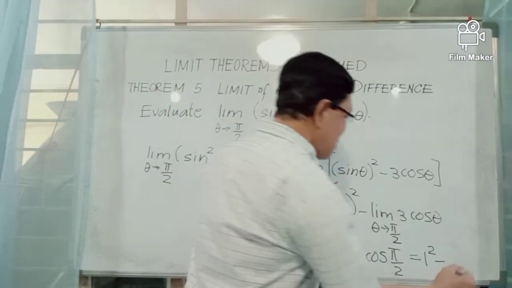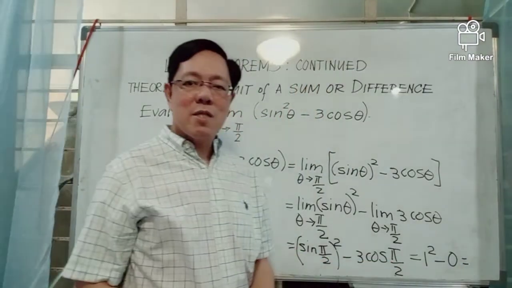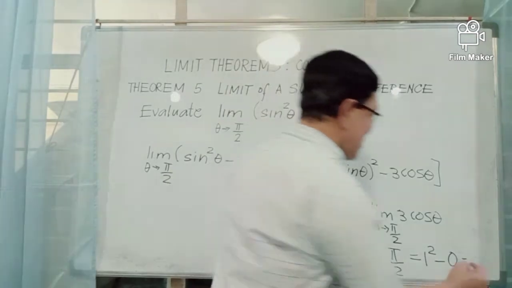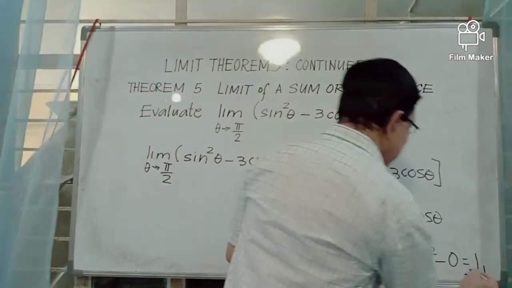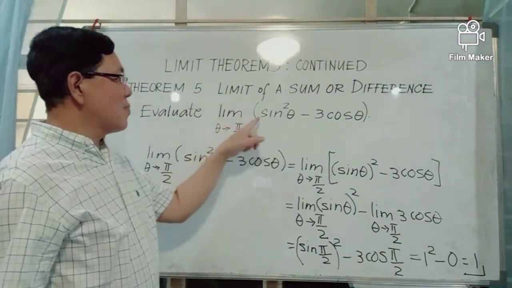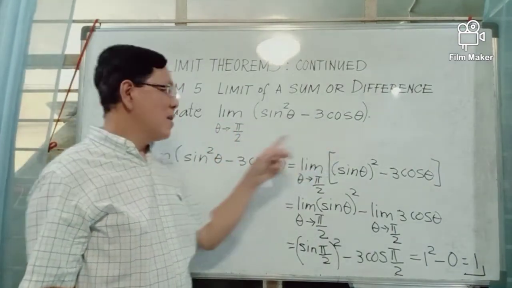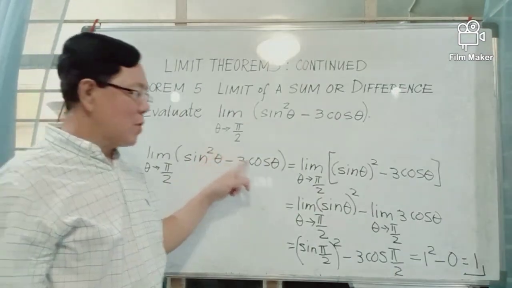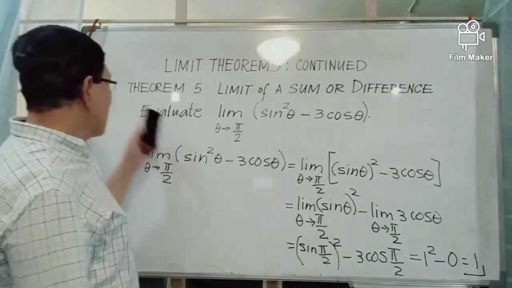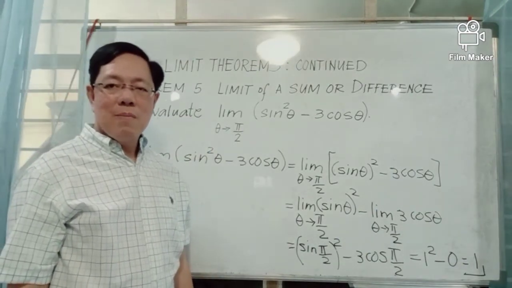Hence minus 0. And 1 squared is 1 minus 0 is 1. Thus, the limit of sine squared theta minus 3 cosine theta as theta approaches pi over 2 is equal to 1.